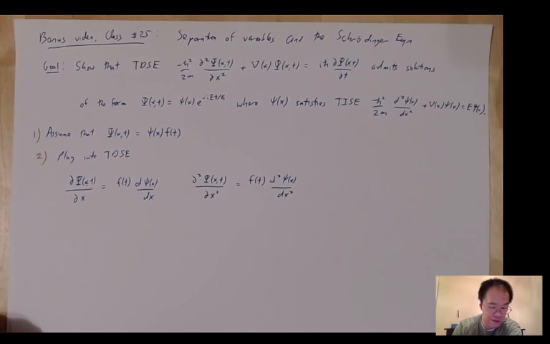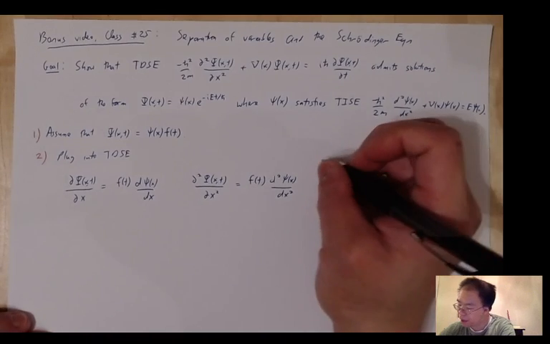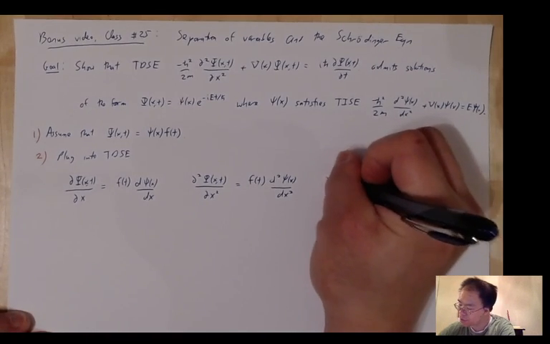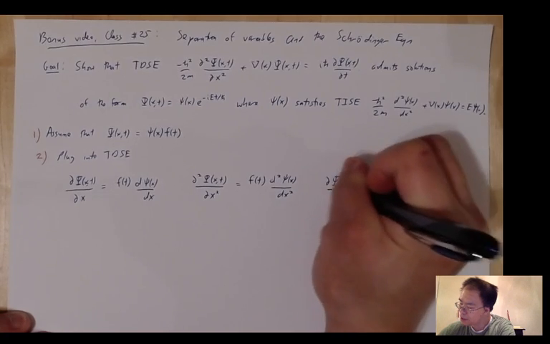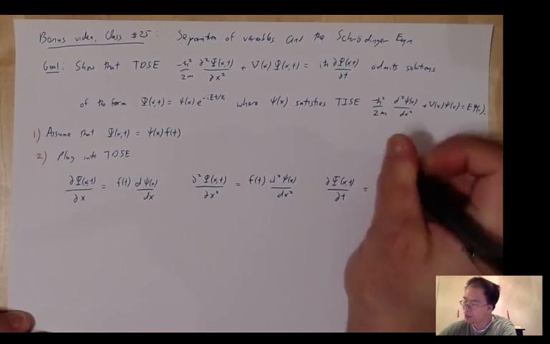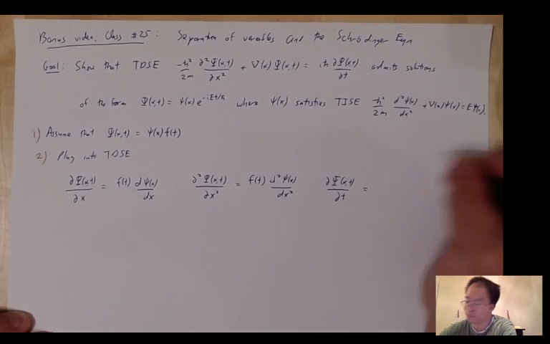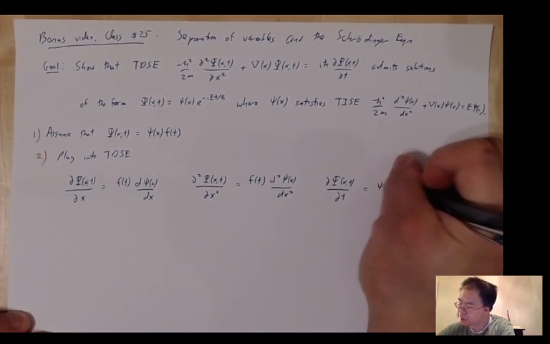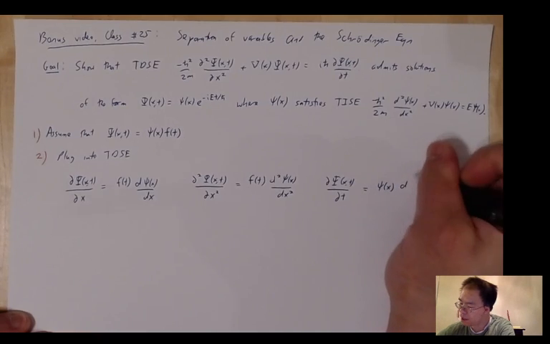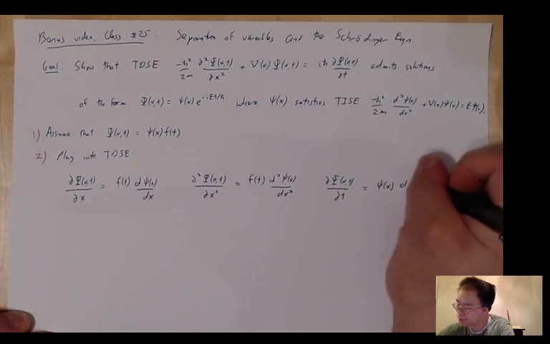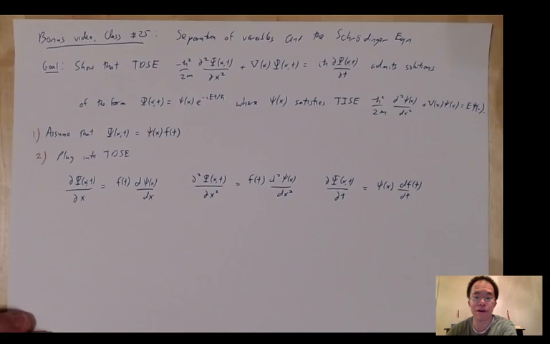Now, in the same fashion, we can deal with the time derivative, partial capital Psi partial t. Now we pull out the spatial part. That ends up being psi(x) times df(t) dt.